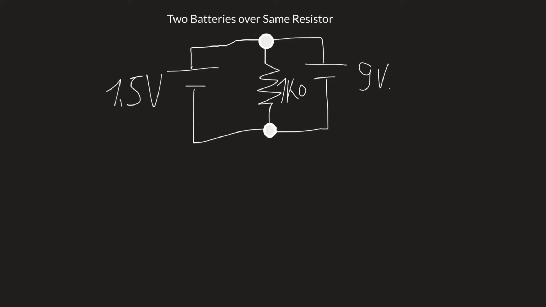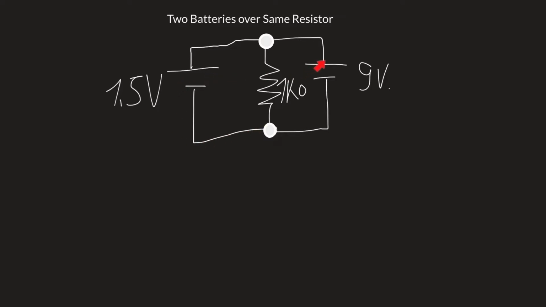The fact is that this point is connected to both of the negative poles of the batteries, and they have a common ground, so they are referenced to the same ground potential here. And different things could happen.